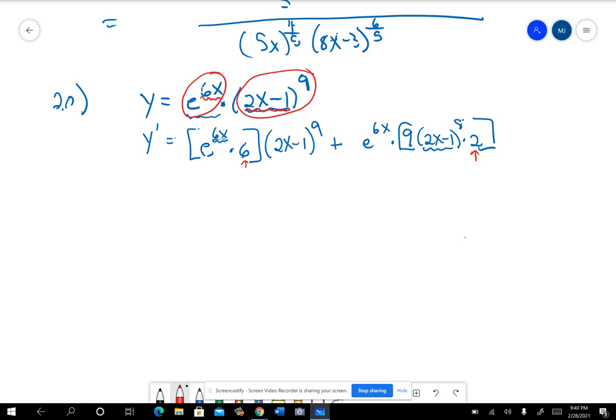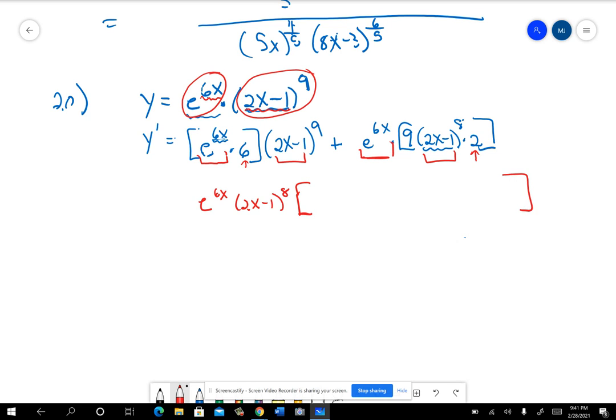All right, so now look, there's a lot of stuff I can factor out of this, because you notice this e to the 6x is common. And notice some of those 2x minus 1s I could pull out. So I have a 2x minus 1 to the 9th, and here a 2x minus 1 to the 8th. So I'm going to pull out an e to the 6x along with 2x minus 1 to the 8th power.